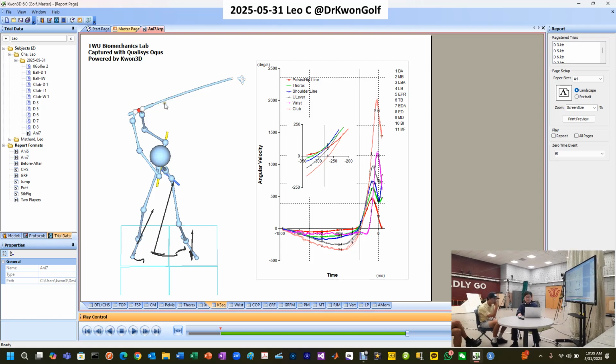So when the club stays away from the body quite a bit like this, it's hard to accelerate rotationally. So in order to accelerate the body fast rotationally, you have to keep the club closer to the body here. So it's okay with this arm position, it's okay to keep the club here, unless you cast it at the beginning of the downswing.